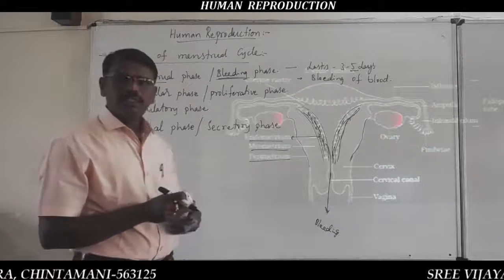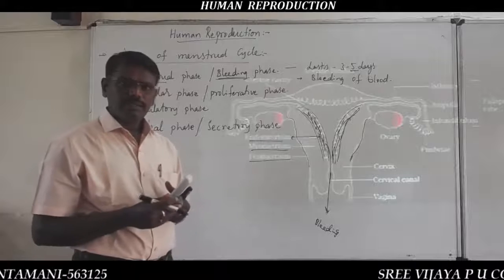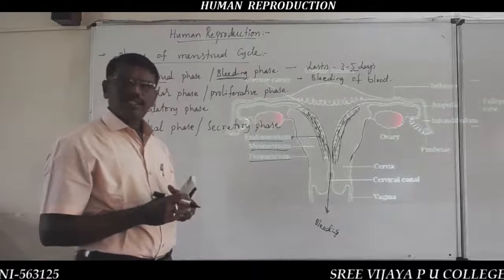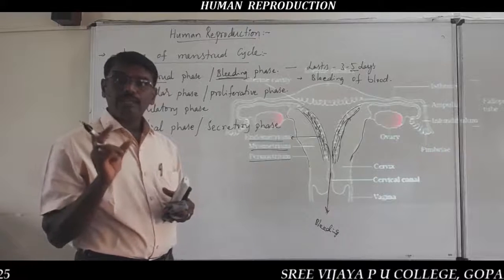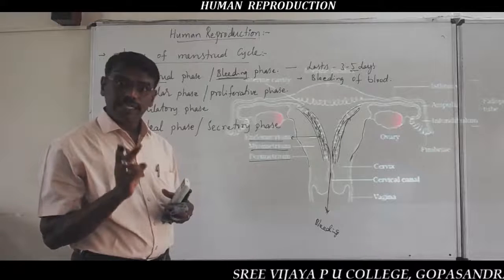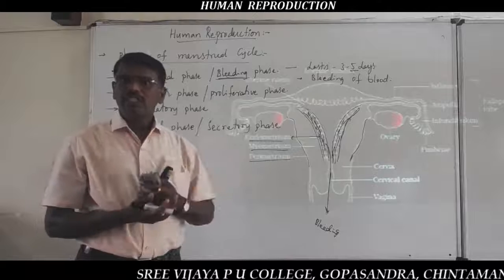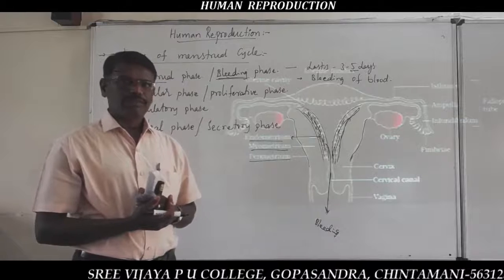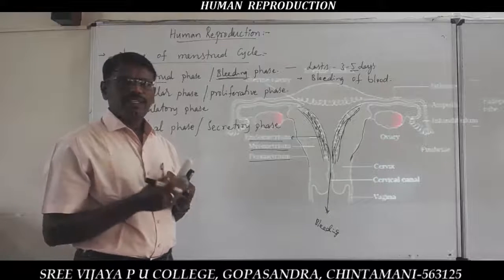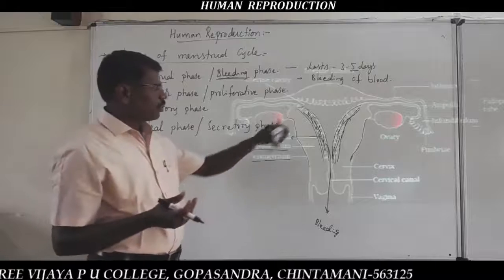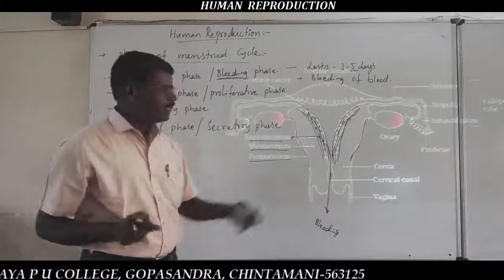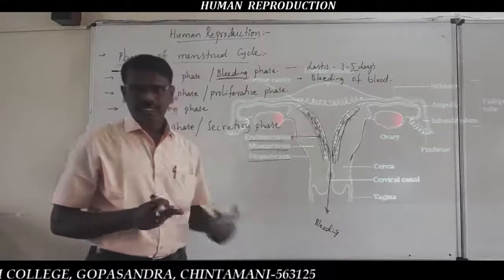At least 10 to 50 ml of blood is lost at every menstruation, along with the endometrium layer.